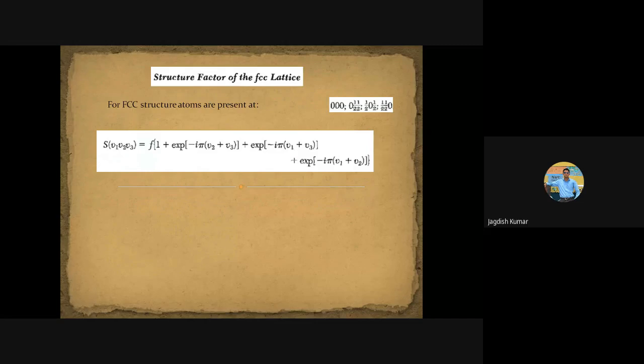Very good. And if v1, v2, v3 are all even, you will observe peaks like 2 4 6, 2 2 2. All these kind of peaks are observed because they give you a non-zero structure factor equal to 4f. What happens when all the indices are odd?